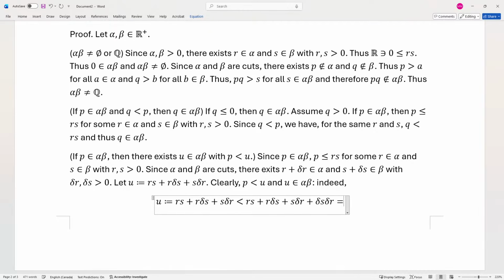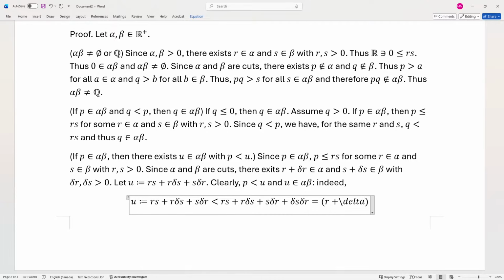Can you claim that for all P in alpha times beta there exists R in alpha and S in beta such that... hang on, what is this for?